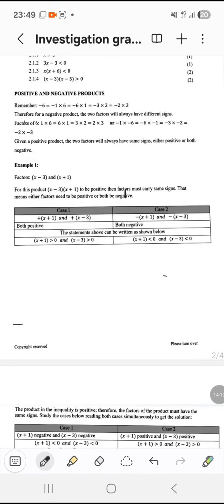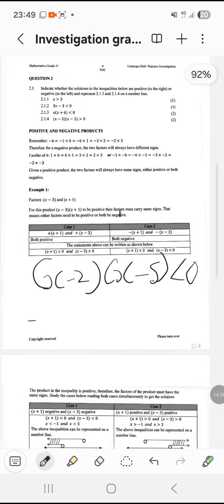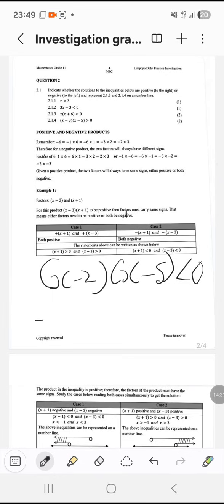Okay, for some weird reason, I don't have 2.2 here, but I still remember the question. It was x minus 2, x minus 5 less than 0. So this is 2.2, it's not here. I don't know what happened, but this was 2.2.1. Following the example, the first thing that we do is decide that x minus 2 is going to be positive.